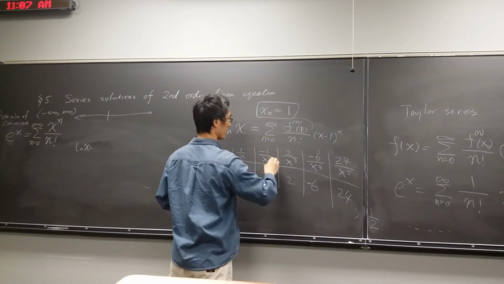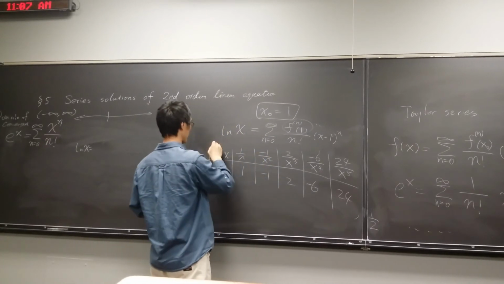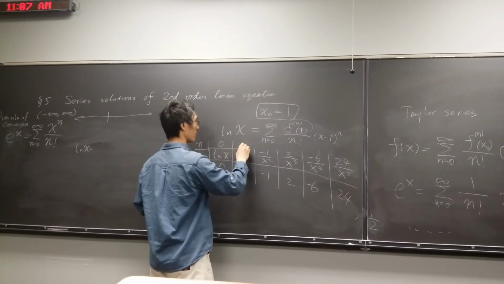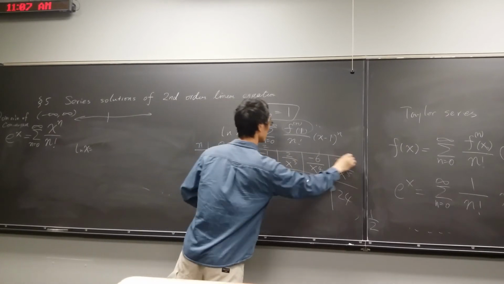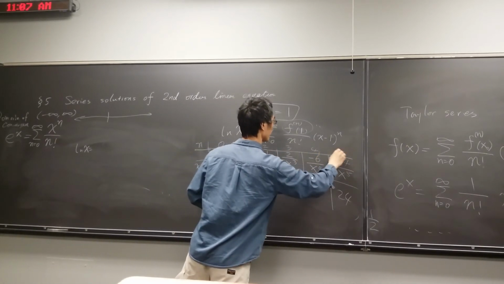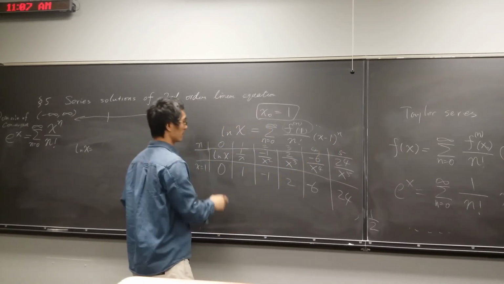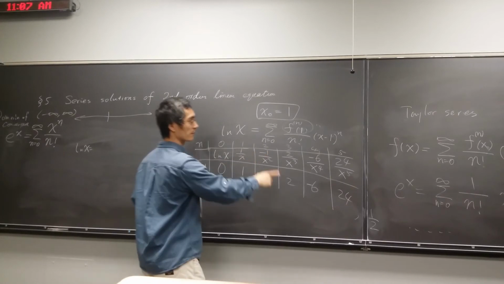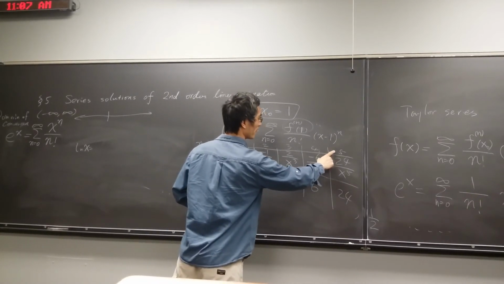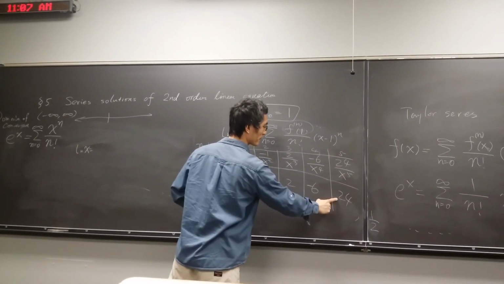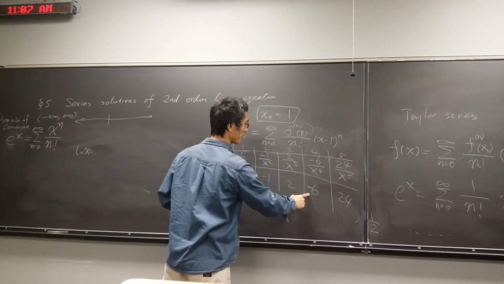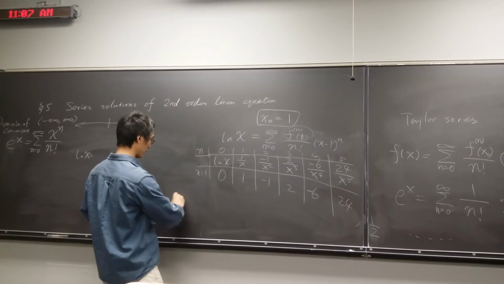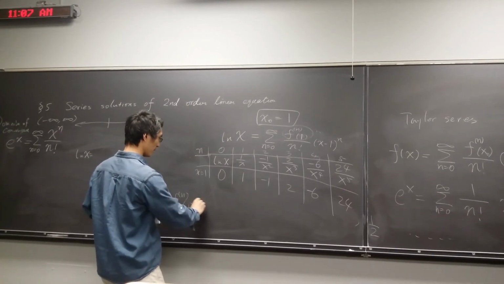This is n equals 0, n equals 1, 2, 3, 4, 5, right? n equals 0 means it's the original, 1 means first order derivative, etc. So this is n equals 5, and that's what you get. This is n equals 4, that's what you get. So from these numbers, can you write down what is f to the n evaluated at 1?